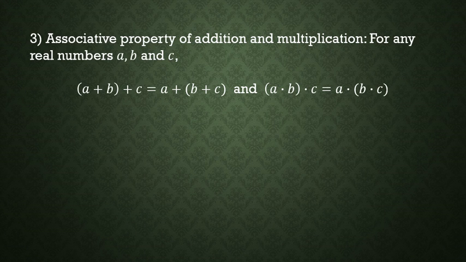It doesn't impact the end result. It's going to be the same thing either way. So (a plus b) plus c is equal to a plus (b plus c). And similarly, (a times b) times c is equal to a times (b times c). That's what the associative property is saying.